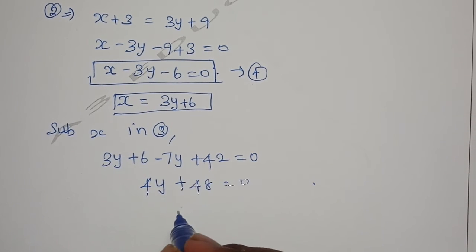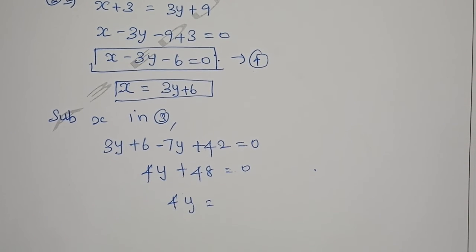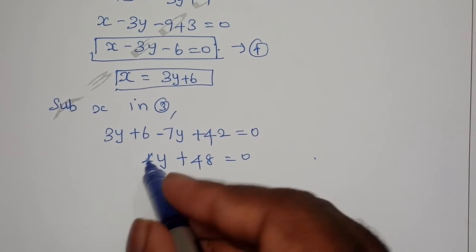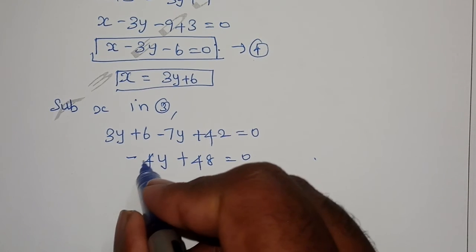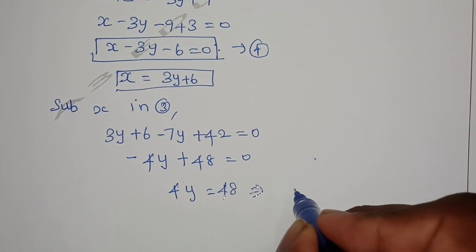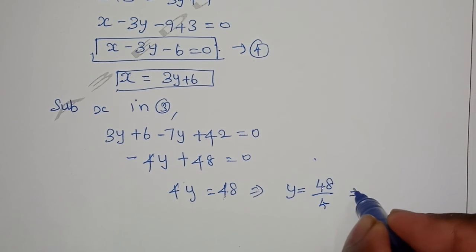Therefore, we get minus 4y plus 48 equal to 0. Taking this to the other side, 4y equal to 48, therefore y equal to 48 by 4, which is 12.